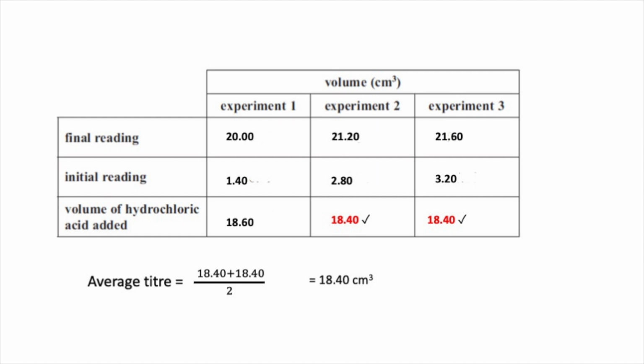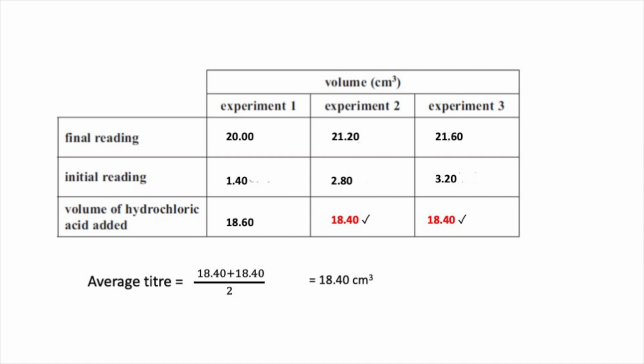Now you can see from these results that Mr. Firth carried out two further experiments here, and in both these experiments the volume of acid needed to neutralise the sodium hydroxide was 18.40 centimetres cubed.